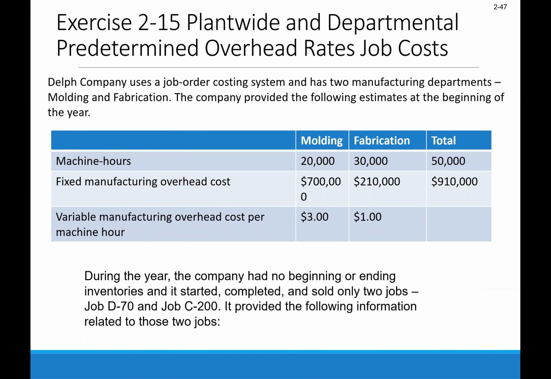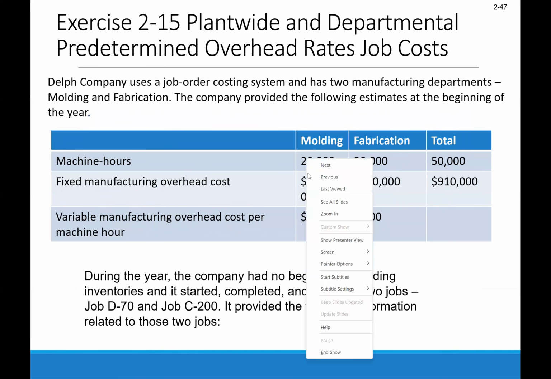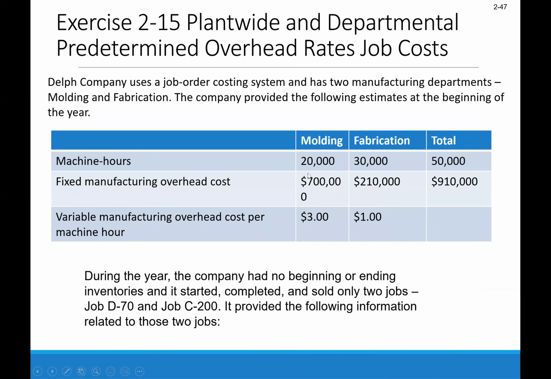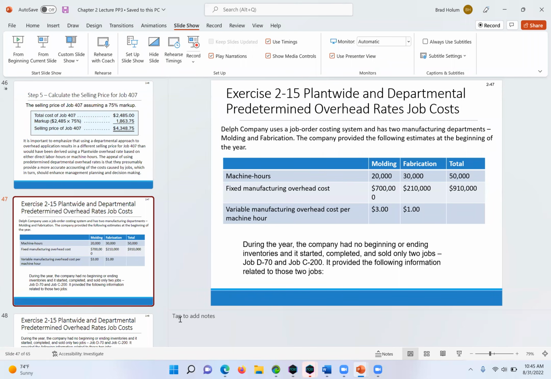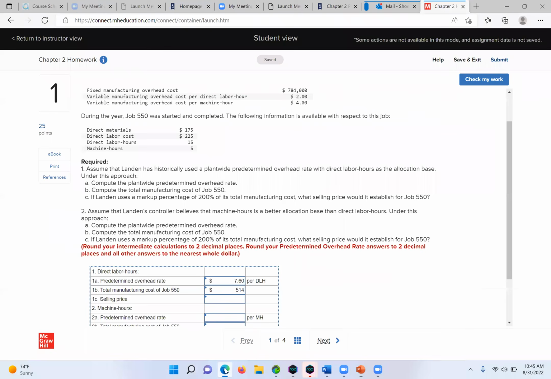Okay, let me go back here to what we were doing earlier and show you. It tells us the cost of job 550 is $514, and they show total manufacturing.